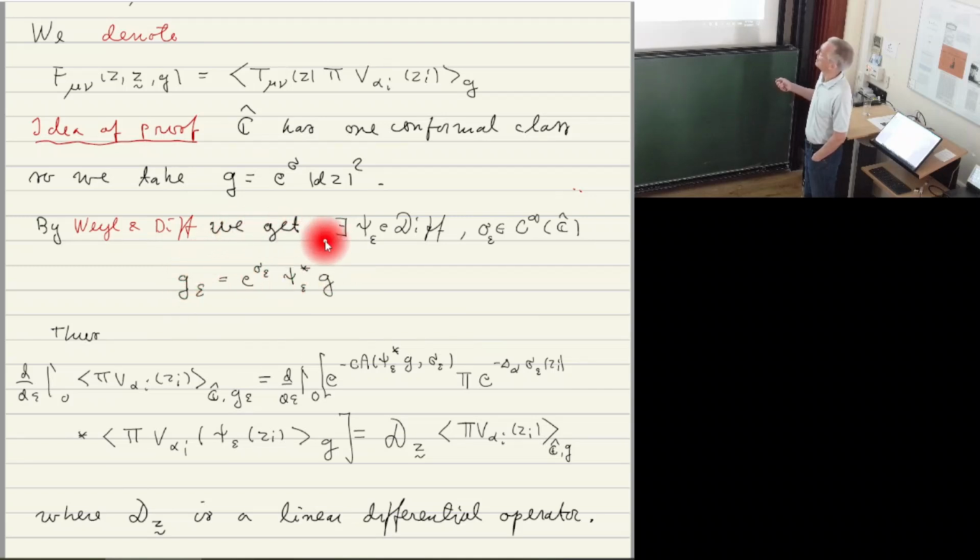If you do a Weyl and diffeomorphism transformation, we know that there's only one conformal class. So if I start at g, and now I perturb the metric, then it's in the same conformal class, so there exists a diffeomorphism depending on epsilon and a Weyl transformation, such that the perturbed metric is given in terms of those acting on the static metric.